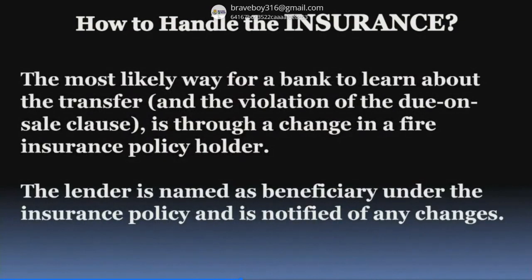All right. So, as I stated previously, the most likely way for a bank to learn about the transfer of a property is through the insurance, because oftentimes, guys, what will happen is the insurance agent will screw up the insurance declaration page and send something in that shows that the property's been transferred.